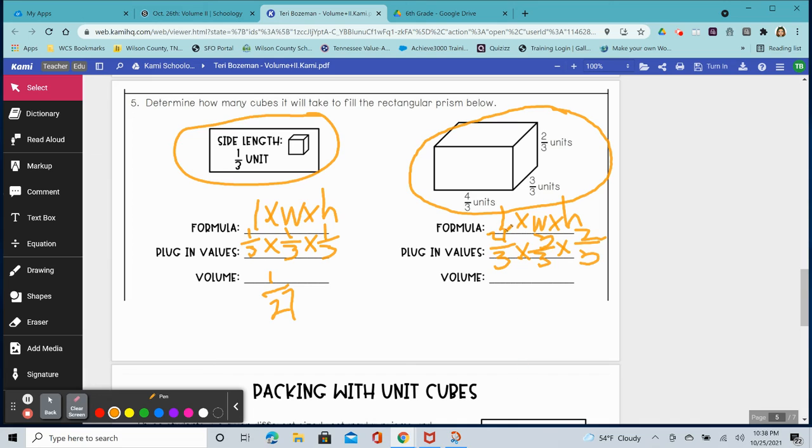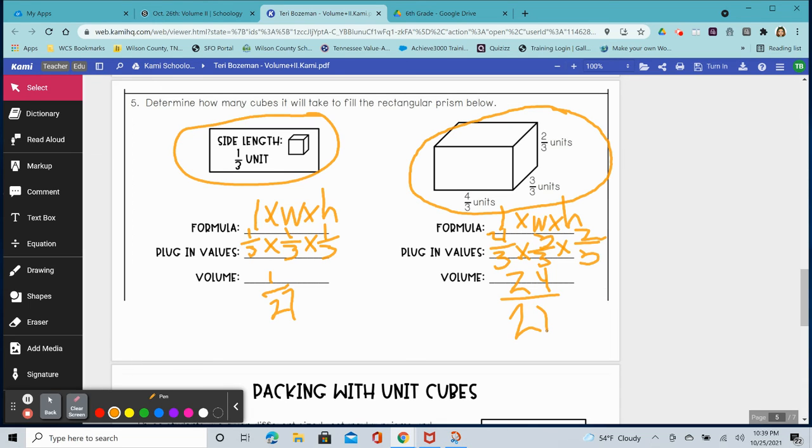So we want to do 4 times 3, that would be 12. 12 times 2 would be 24. And then we have the same as what we had over in our first one. We have 3 times 3 is 9. 9 times 3 is 27.